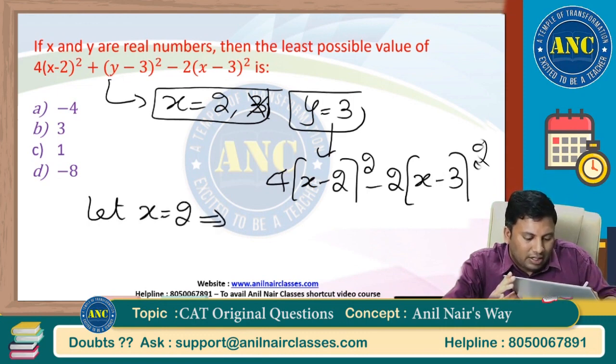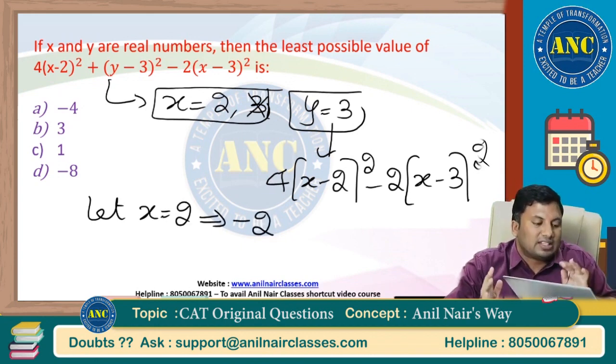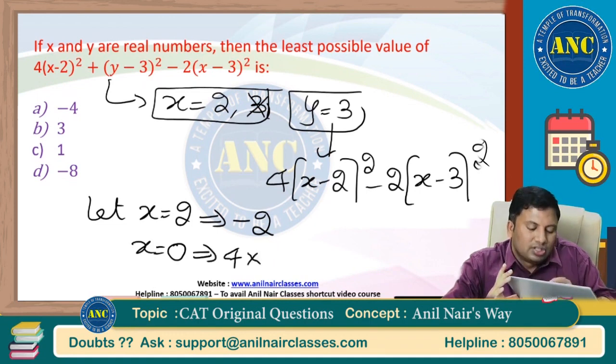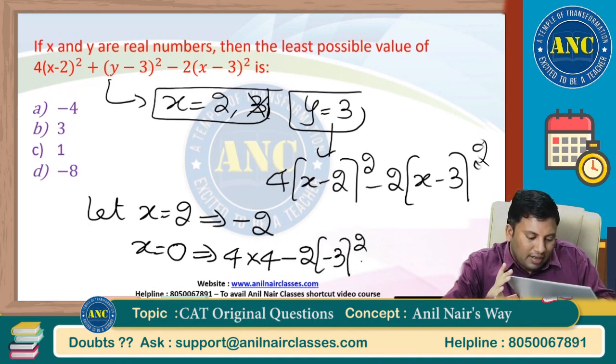If x equivalent to 2, how much did I get? Minus 2. But there is an answer minus 4. So I checked with x equivalent to 0 also. 4 into 0 minus 2 square, minus 2 into minus 3 square. This is nothing but 16 minus 18, minus 2 I got.